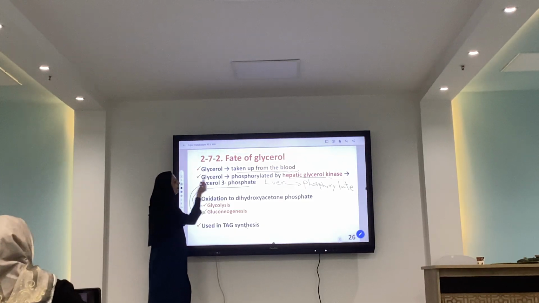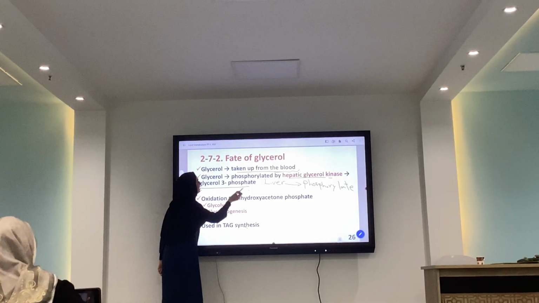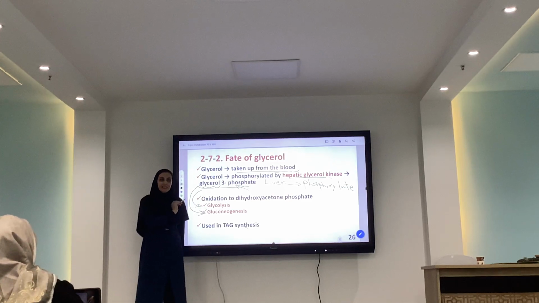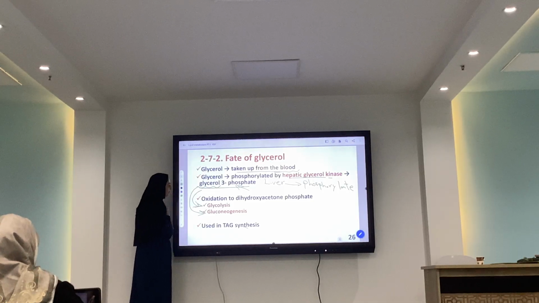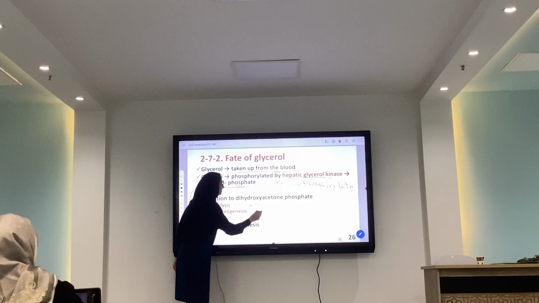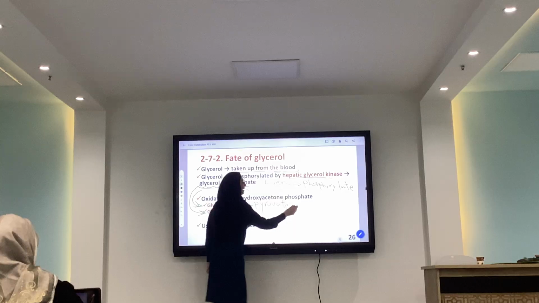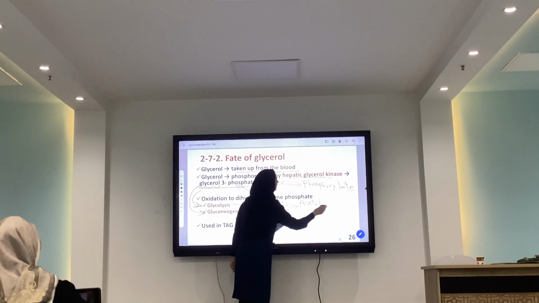Guys, we have in the liver an enzyme that can add phosphate to glycerol. When the glycerol is phosphorylated, it is ready to go to glycolysis to convert to pyruvate, and after that acetyl-CoA, and then produce ATP.